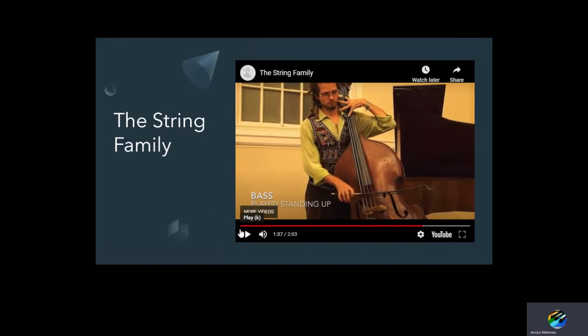And lastly, the harp. The harp has 47 strings on it. If you can believe it, the other instruments we've seen only have 4, but the harp has 47 strings on it and 7 foot pedals to help change the sound. Listen to the harp.